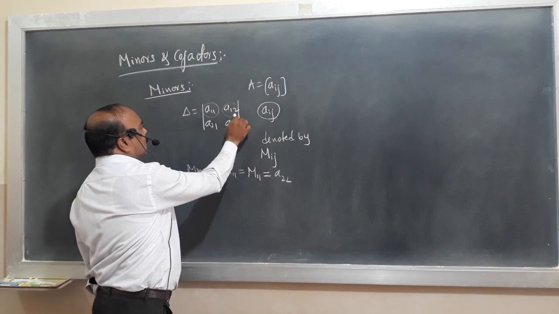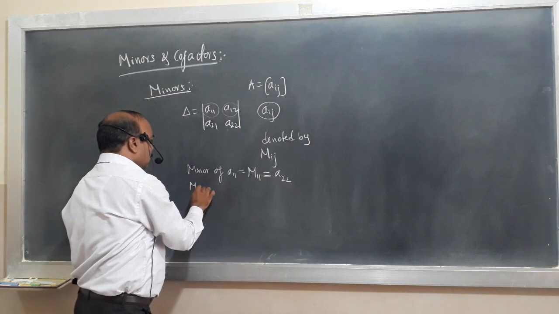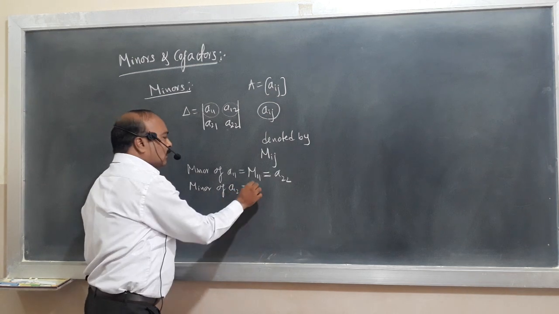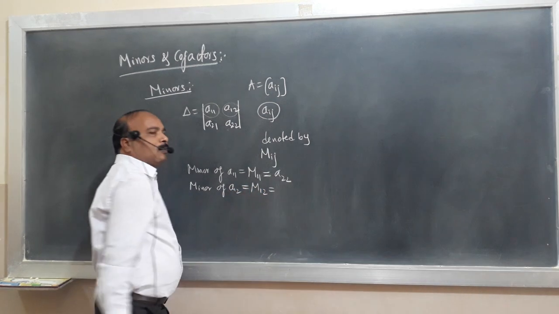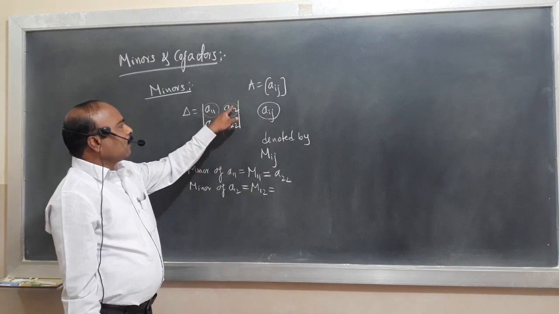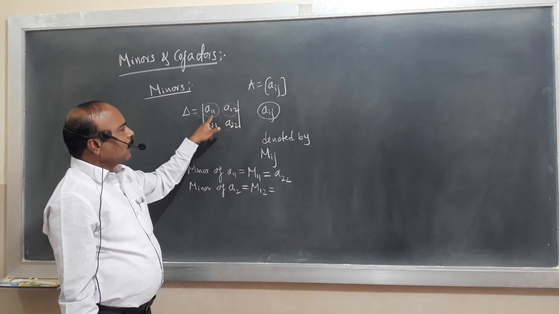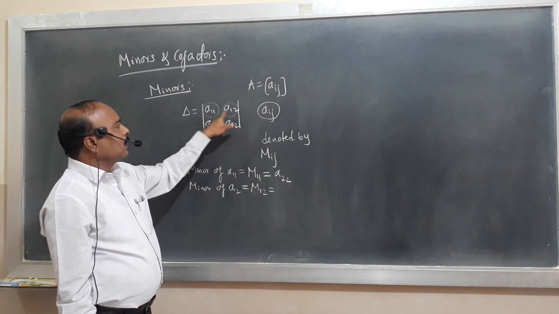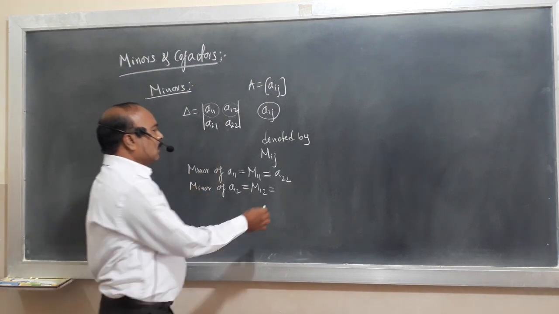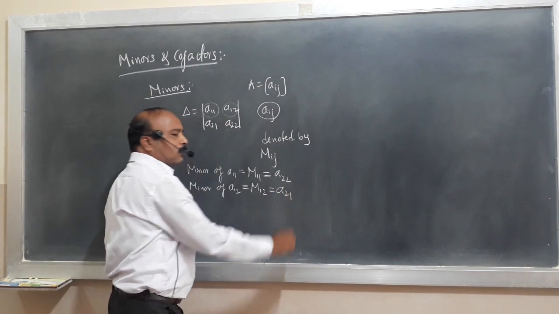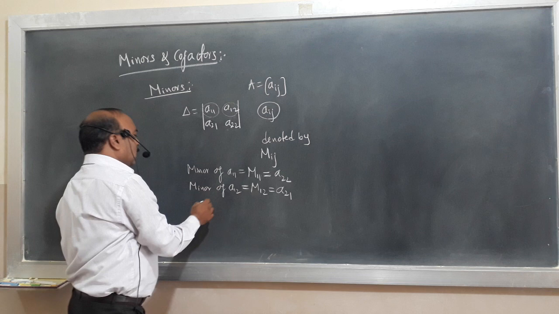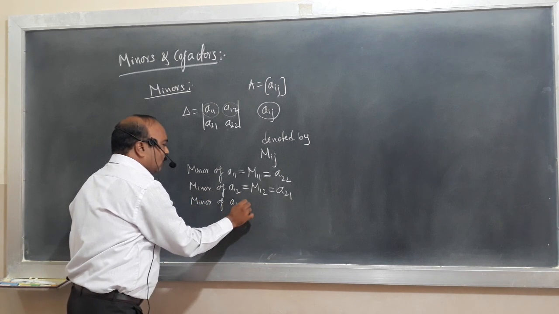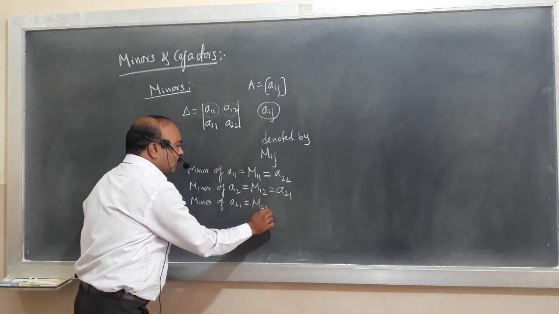Similarly, the minor of A12 is given by the symbol M12. If you delete this column and this row, we get the element A21, that is the minor of this element.